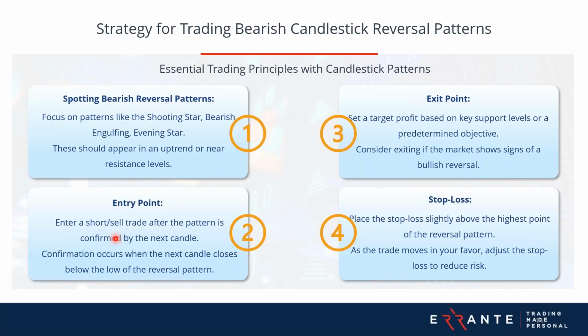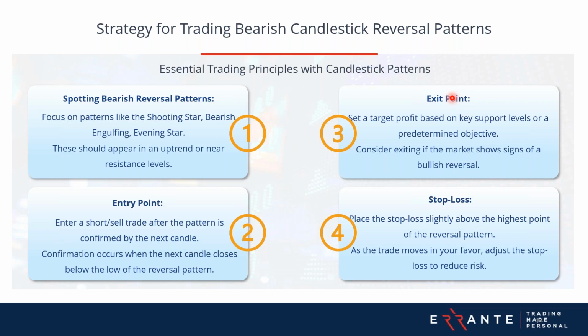So this is just the same. We need to spot a bearish reversal pattern. We need to find our entry point, as discussed. It's going to be a candle that closes below the low of the reversal pattern. It's very important. And the third candlestick can be a confirmation for us, or we can rely on other indicators or oscillator tools.